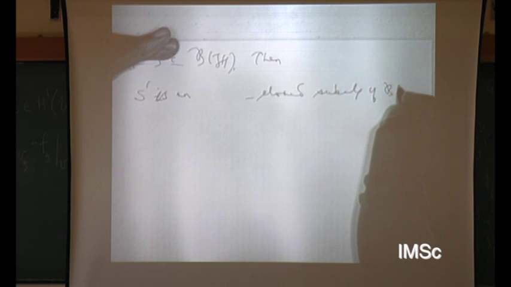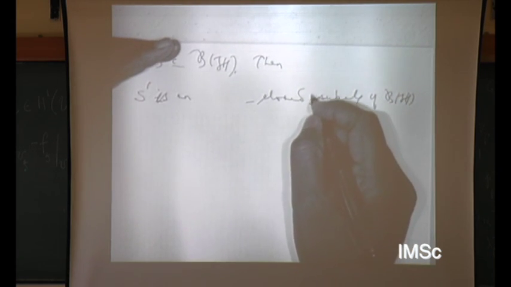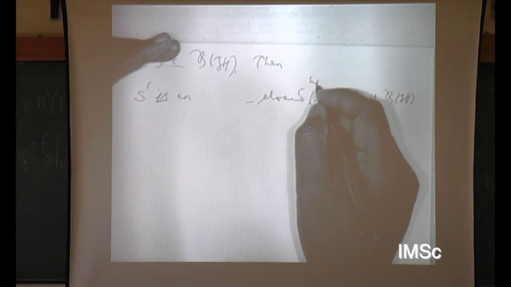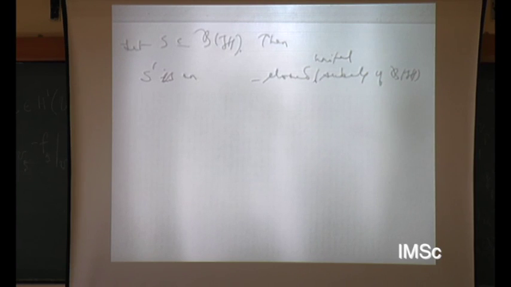You can do better than that. It is a unital subalgebra. It contains the identity operator, right? Identity commutes with everything.